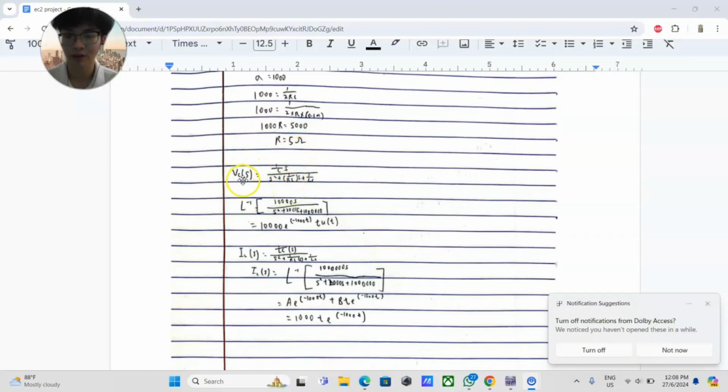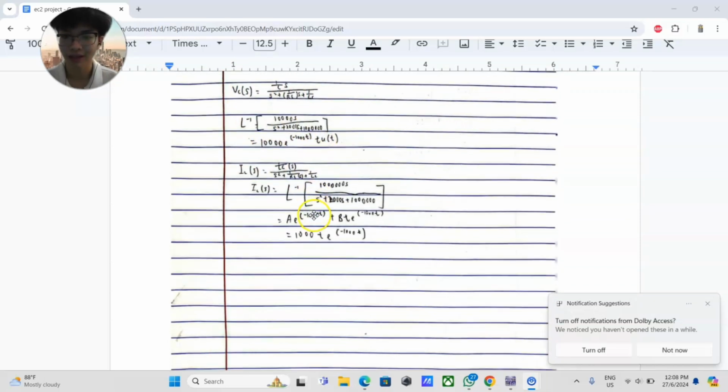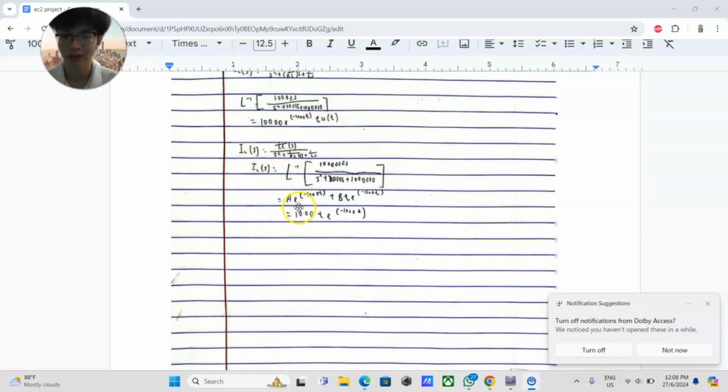After that, we need to find VC(s), so we apply the formula. After the Laplace transform, it becomes 1000 e^(-1000t) u(t). After that, we can find iL also. So iL is equal to 1000 t e^(-1000t).